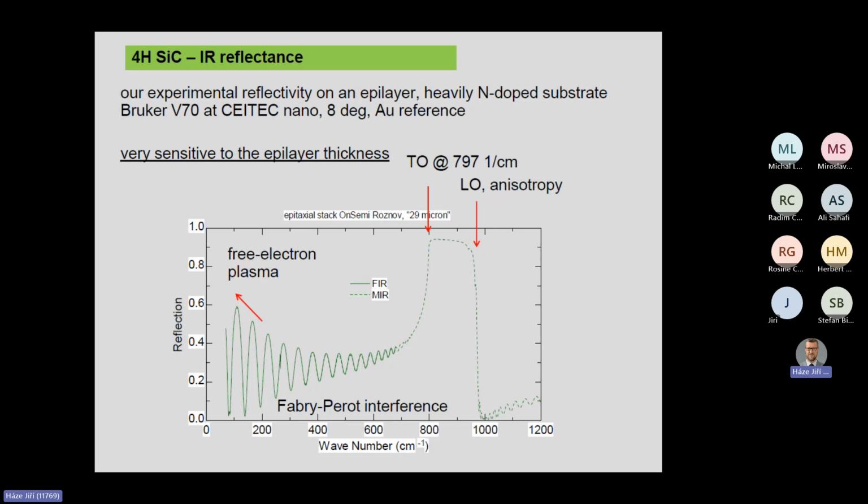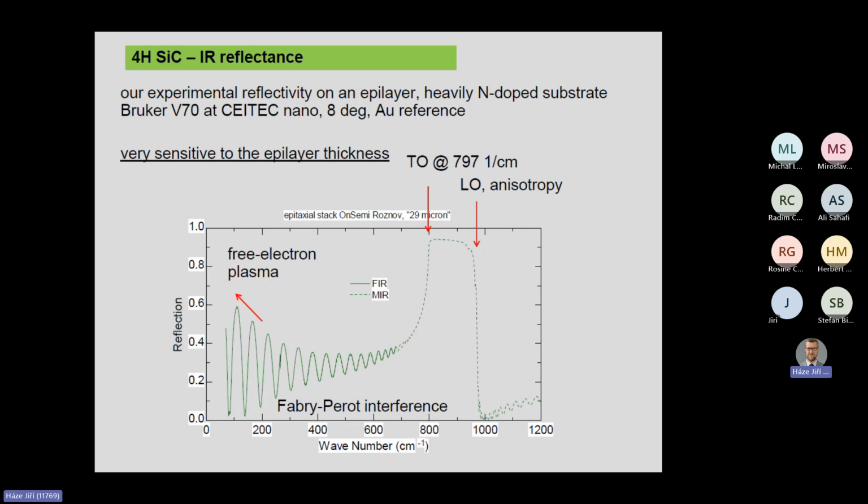This was called by onsemi Rojanov as 29 microns. We have found that the actual thickness was a bit smaller. This is, I guess, easy to understand here.